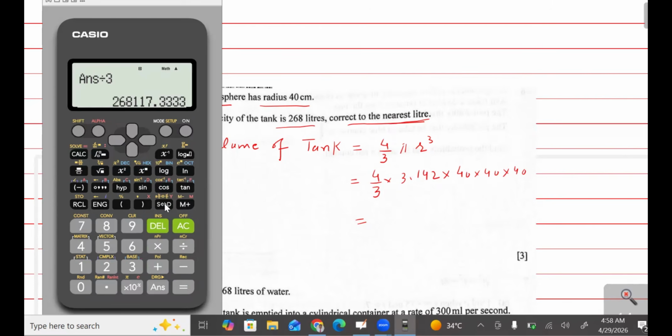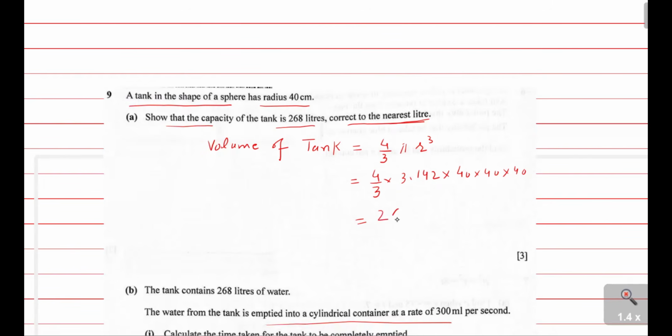This will be equal to 268,117 cubic centimeters. Here the answer is in liters. When we convert cubic centimeter into liter, we will divide this value by 1000 because 1000 cubic centimeters equal 1 liter.